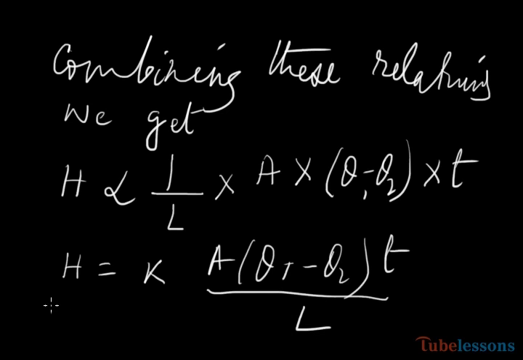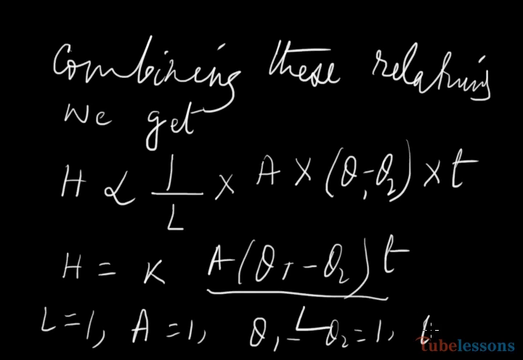Let a conductor have length 1, area of cross section equal to 1, temperature difference theta 1 minus theta 2 equal to 1, and time of flow of heat equal to 1. All are unit.